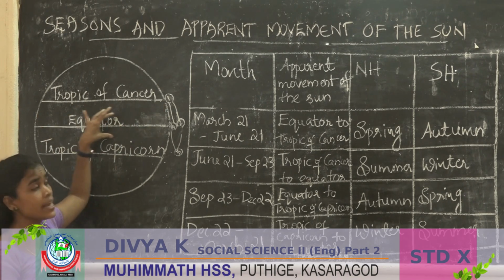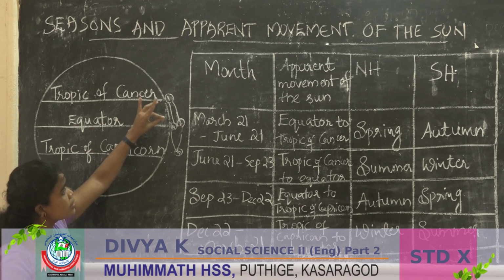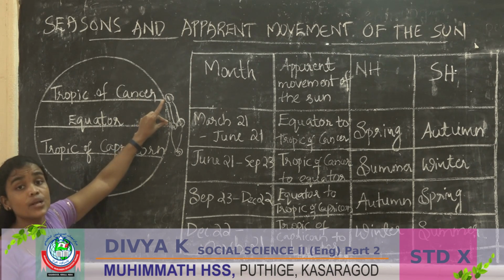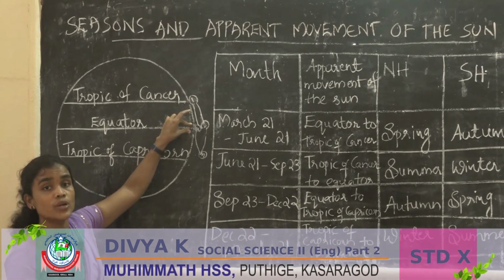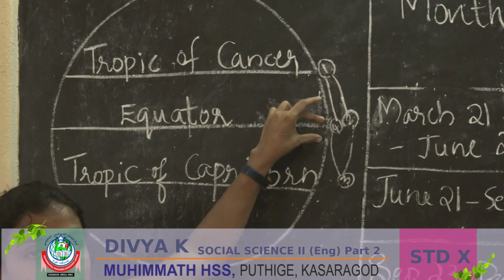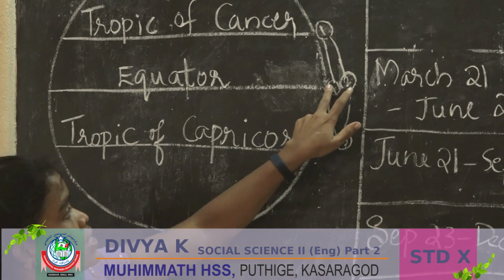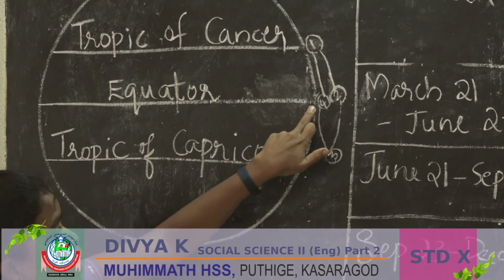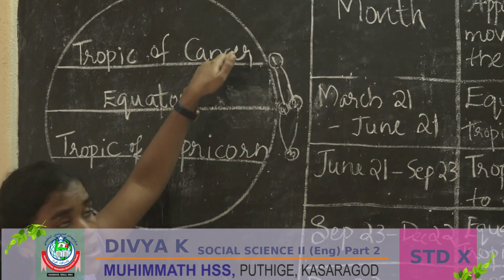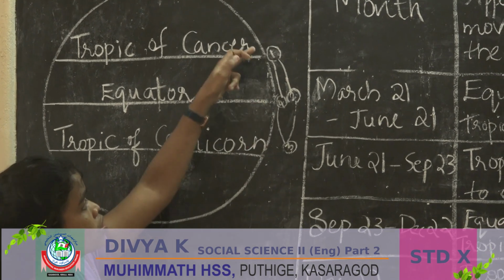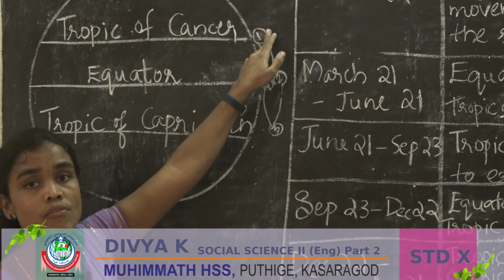So first, the sun starts its apparent shift from where? From its home, from the equator. On March 21, the position of the sun is on the equator. Let's discuss the first shift. Look here, this is the first shift. The position of the sun on March 21 is at the equator. From it, it shifts northwards, and by shifting northwards on June 21 it reaches the Tropic of Cancer.